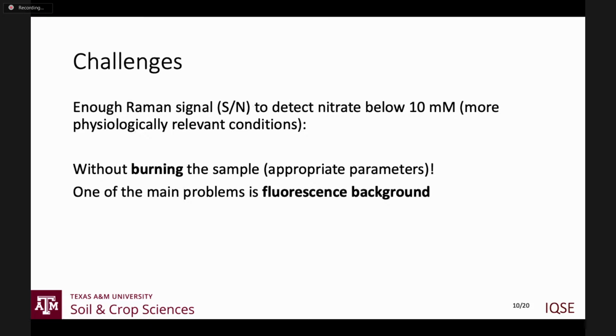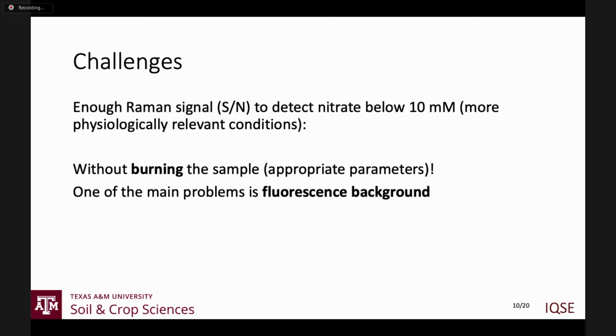to get support for this work. And again, one of the challenges for putting together a new system was to generate signals with enough signal-to-noise ratio so that we would be able to detect nitrate.